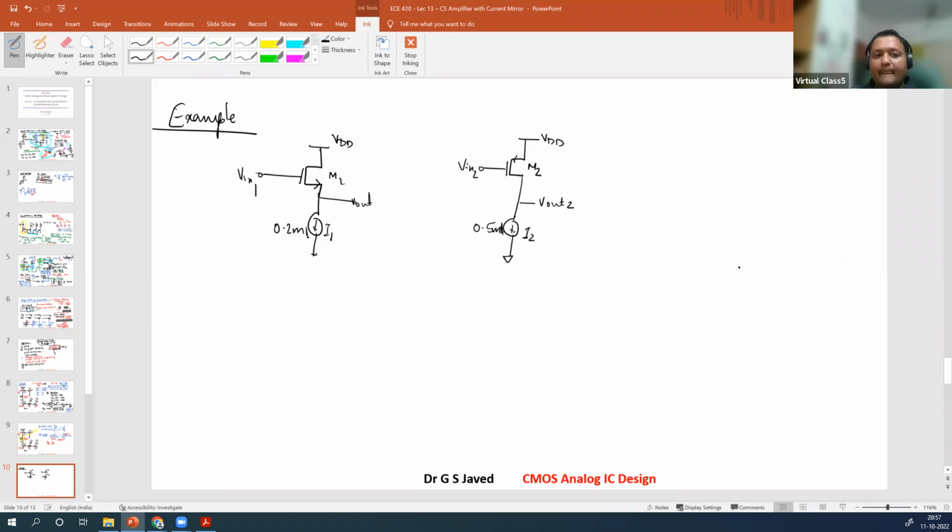Now, what would you devise? How do you devise this current? Starting from a 0.8 milliampere device.